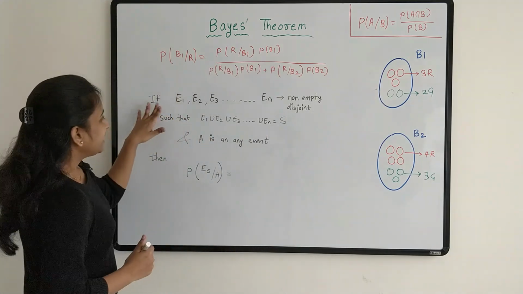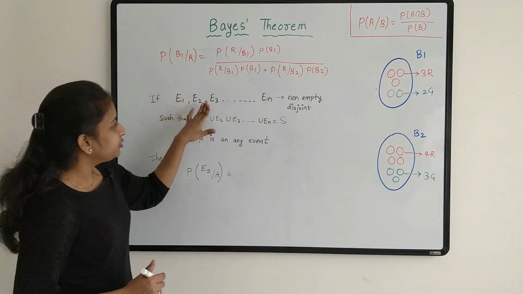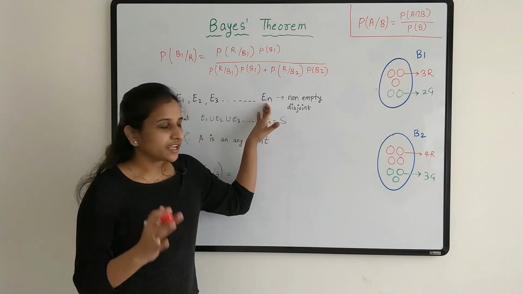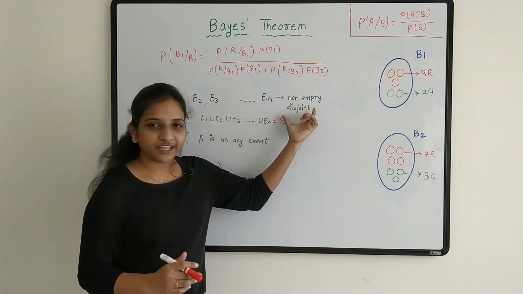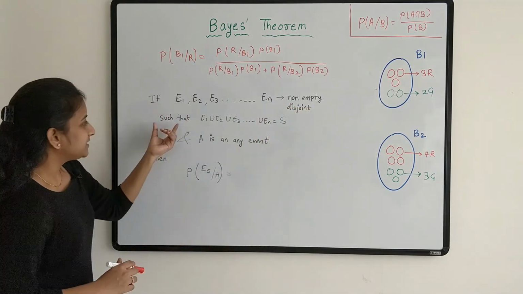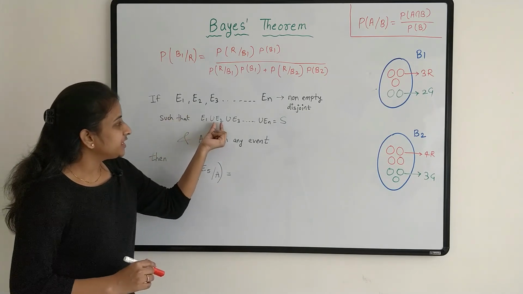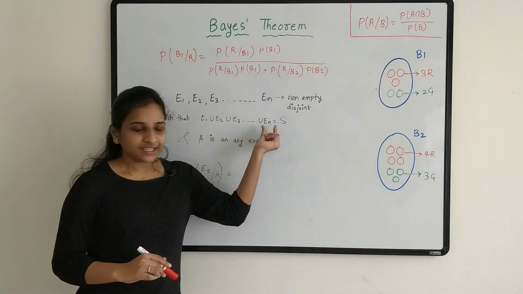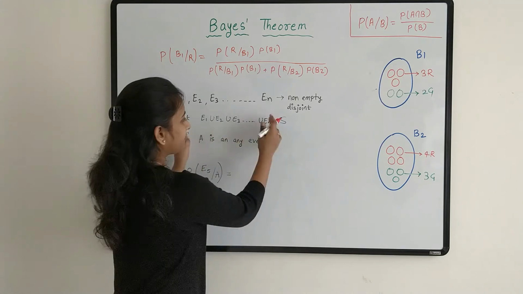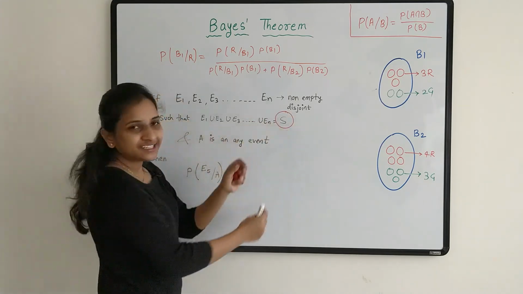Now if events E1, E2, E3, likewise there are n events which are non-empty and disjoint, such that E1 union E2 union E3 union En is the sample space. After adding all these we will get the sample space.